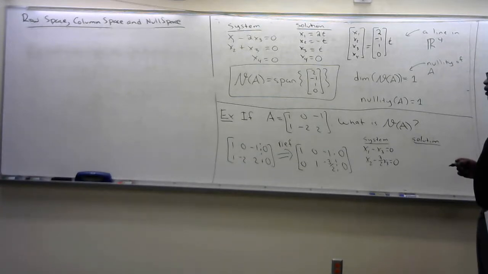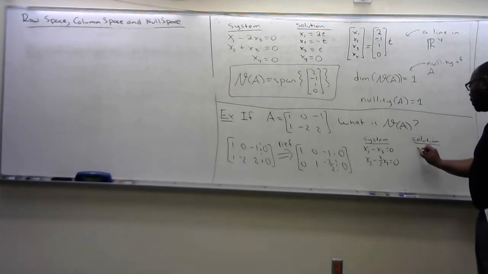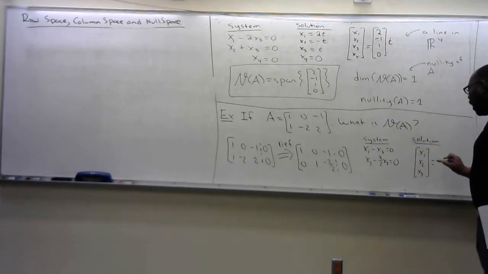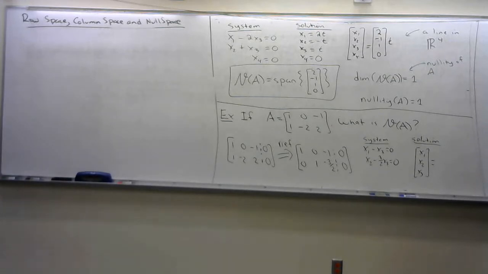If we work this out, I get x1, x2, x3 is equal to, I only have one free variable, which is going to correspond to x3. So I can write this as, I think, if I did this correctly, t, 3 halves t.